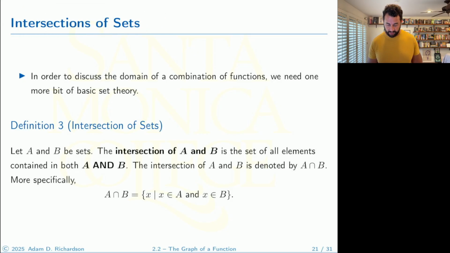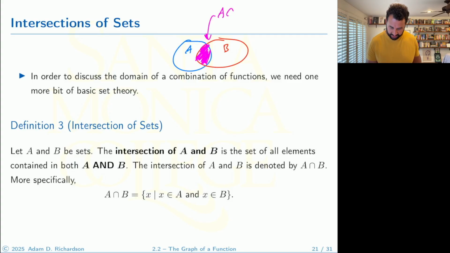All right? So intersection of sets, kind of a flashback to what we did the previous section. But let A and B be sets, then the intersection of A and B is the set of all elements that are contained in both A and B. So here, if we look at the Venn diagram, here's A and here's B, then this little space on the inside here, that is the intersection.